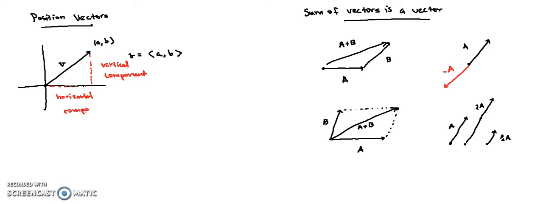And to keep things consistent with our x and y values here, the horizontal component is equal to A and the vertical component is equal to B. Or in other words, our x term and our y term, or the first value in the vector, second value in the vector. So it all kind of ties in together from what we're used to. And then of course we've got an angle here to the x-axis, and that is theta.